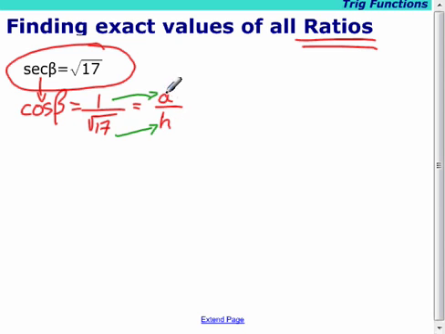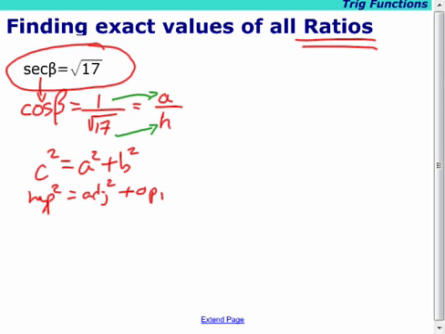Knowing what my adjacent and hypotenuse sides are, or the ratios anyway, I can determine the third side just using Pythagoras. Pythagoras says that c squared is equal to a squared plus b squared. I could rewrite that as hypotenuse squared is equal to the adjacent side squared plus the opposite side squared. It's the same thing.